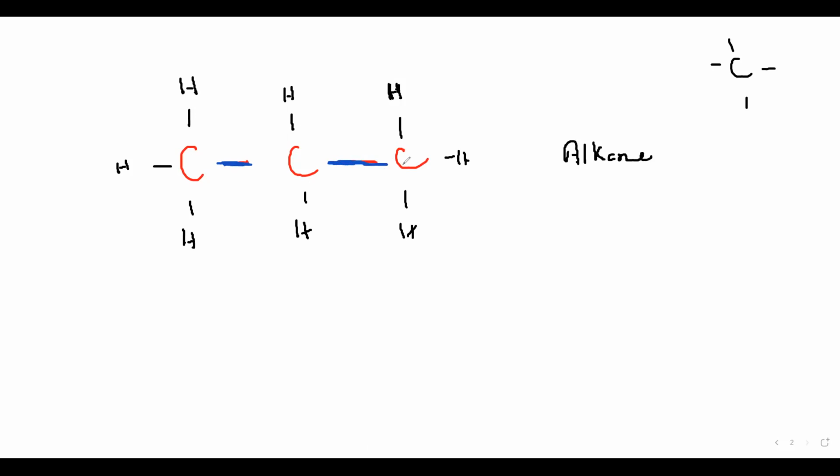The third one on the right hand side is forming only one bond, so it is left with three hydrogen. Is this example clear, how we complete the structure of a hydrocarbon? Any doubt till this point? I'll give another example, but about this one, is it clear?